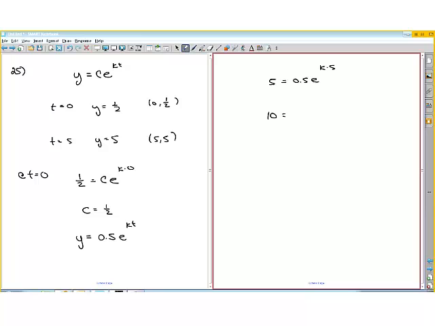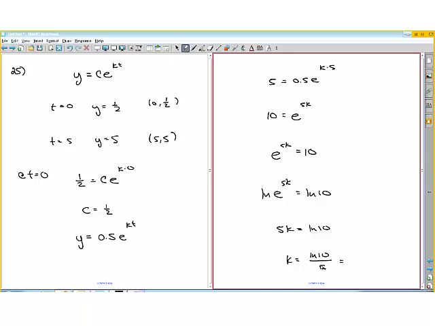So we get e to the 5k is equal to 10. We take the natural log of both sides. And the natural log of e to this exponent is just the exponent. So we get 5k is equal to the natural log of 10. And so k is equal to the natural log of 10 divided by 5.